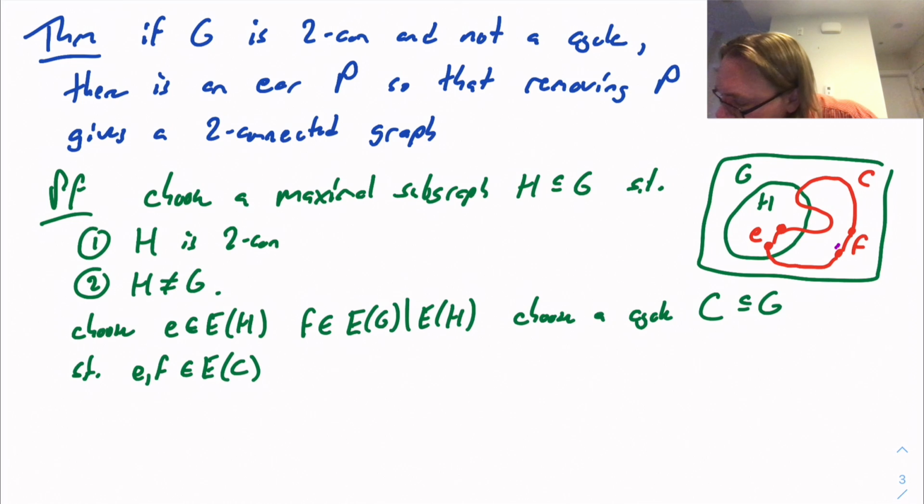Let me add some red vertices in the hopes of being clear. Okay, so there I've got my cycle C. Now I'm going to walk out from F until I get to a vertex that is in H, and then do that on the other side as well, walking out until I get to a vertex of H.